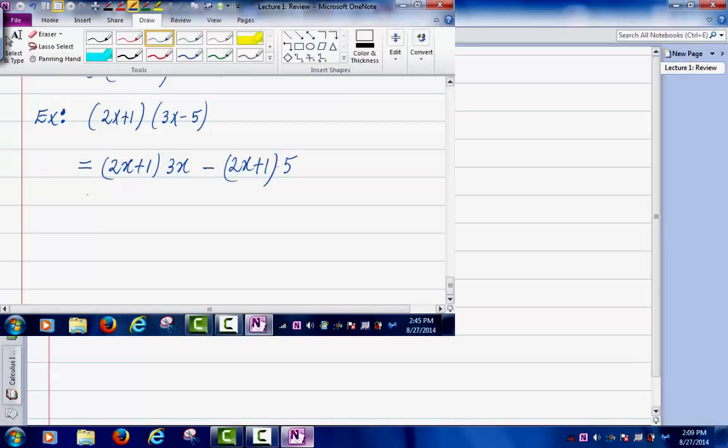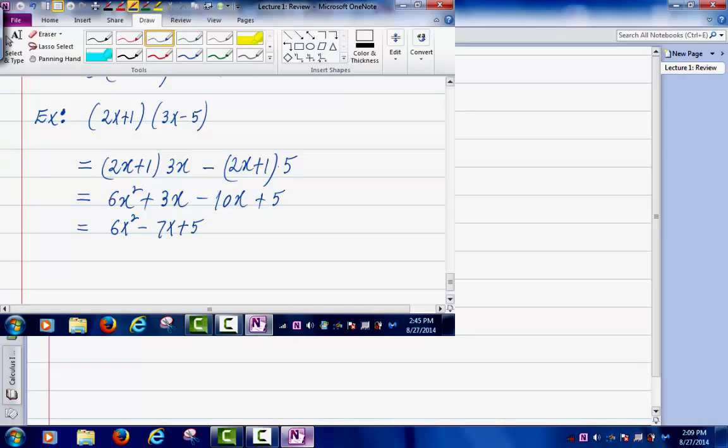And now I can multiply them. I get 6x squared plus 3x minus 10x plus 5. And what is that? 6x squared minus 7x plus 5.